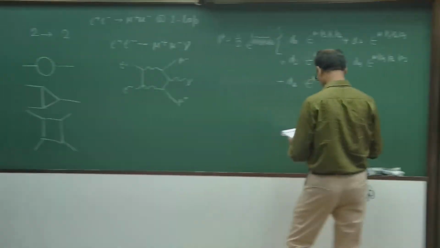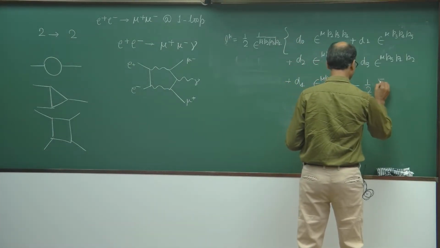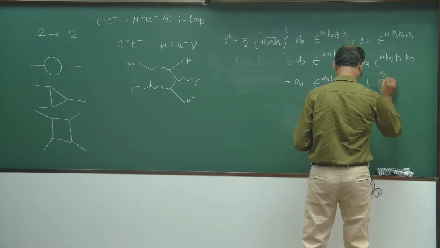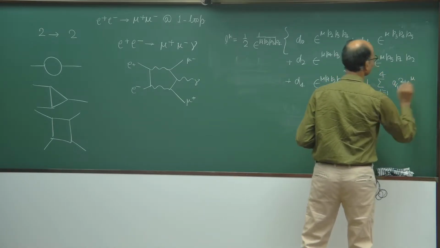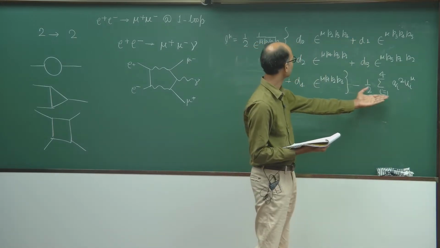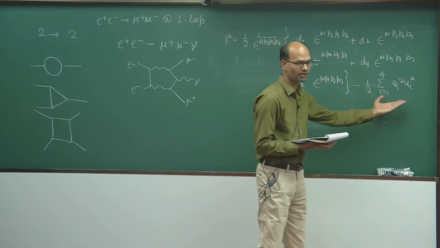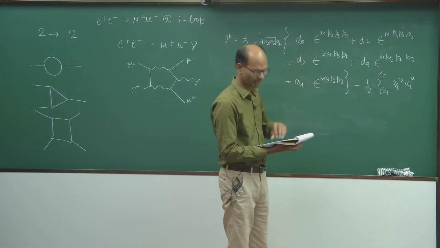I might still have some more mistakes there, but I have sum over i from 1 to 4 of qi squared and ui mu. Okay. See, this is an innocent term because it does not have any loop momentum. The things that we want to manage are with the loop momentum.